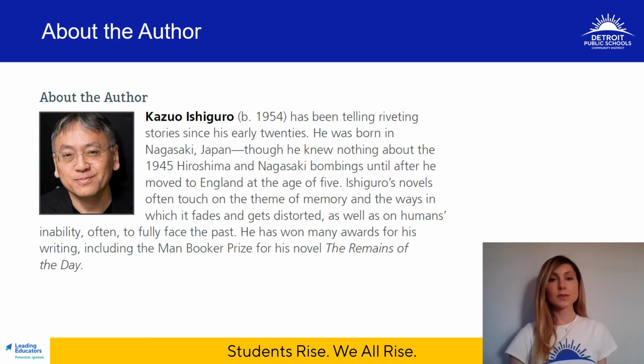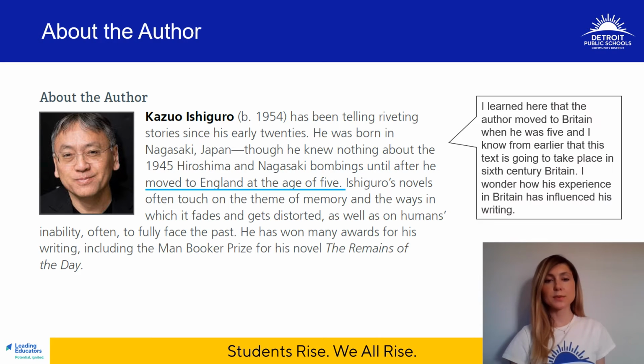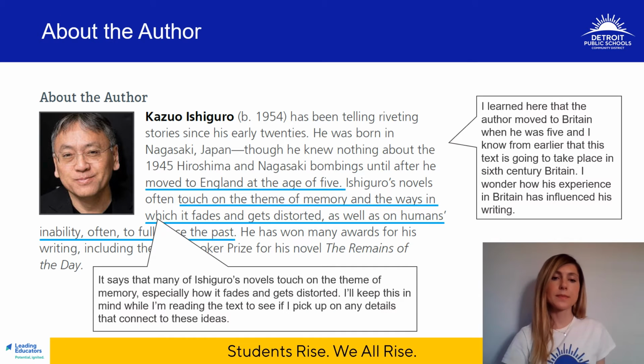So a couple of things that I noticed while I was reading this is that he moved to England at the age of 5. I know from earlier that this text is going to take place in 6th century Britain. I wonder how his experiences in Britain have influenced his writing, especially because he wasn't clearly alive at this time.